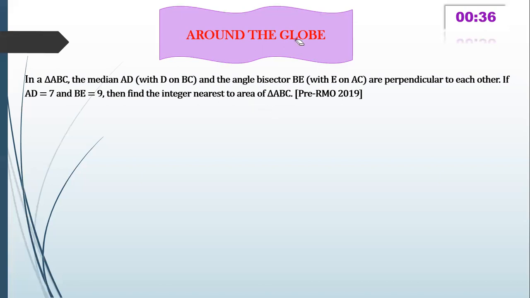Okay, I am starting the timer once again because 1 minute has passed already, and I am also drawing the figure for your convenience.